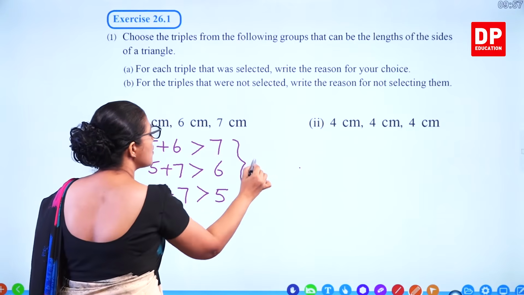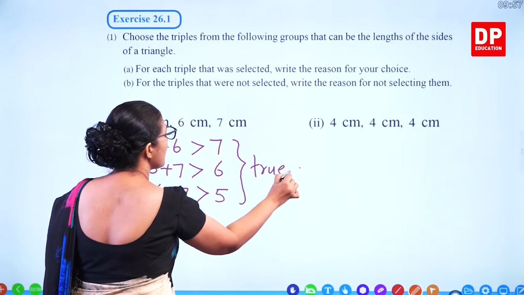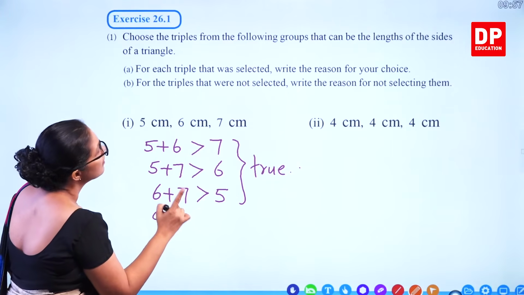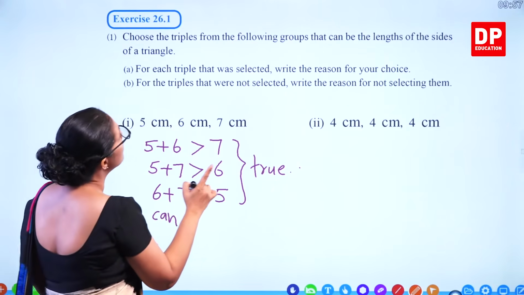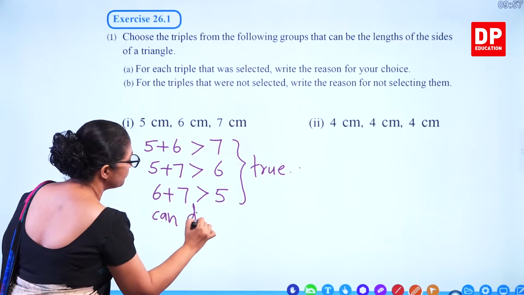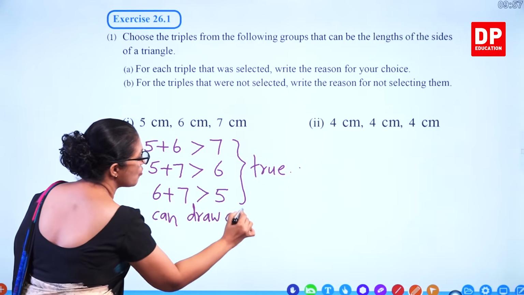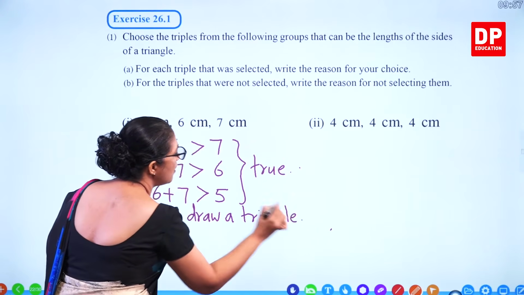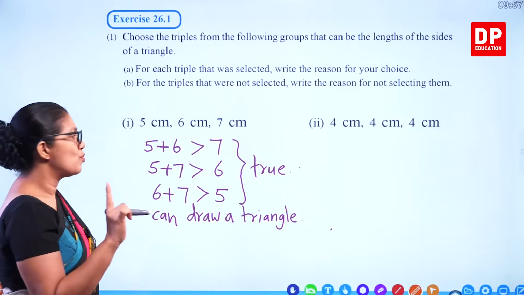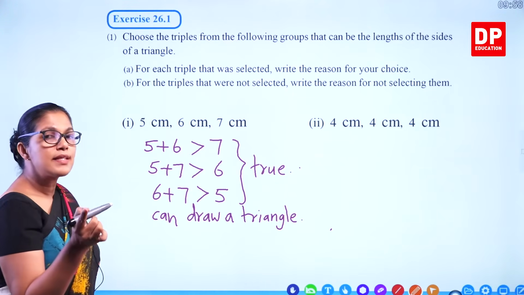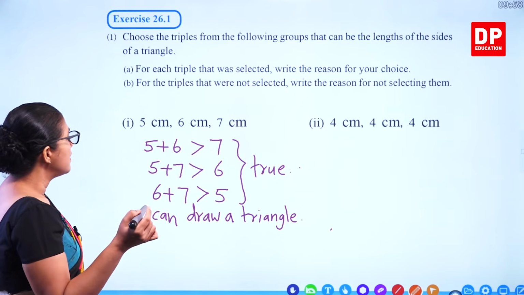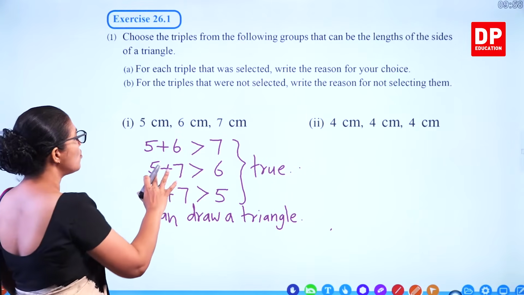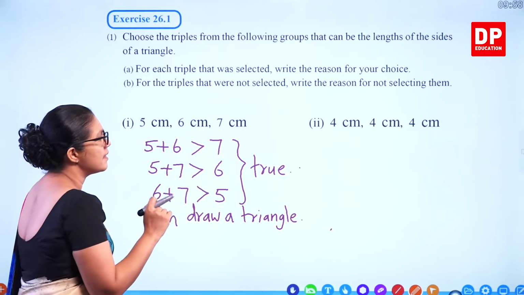So this is true and we can draw a triangle. Why? The sum of 2 lengths is greater than the third length. So you can write the same reason: the sum of 2 lengths is greater than the third length.